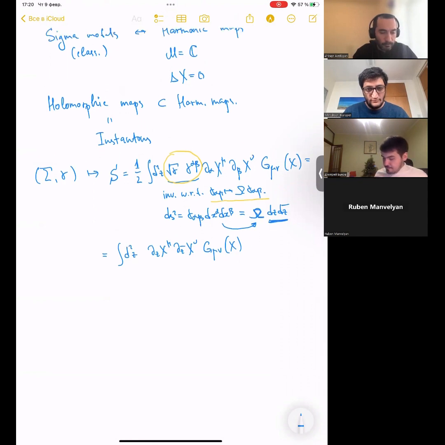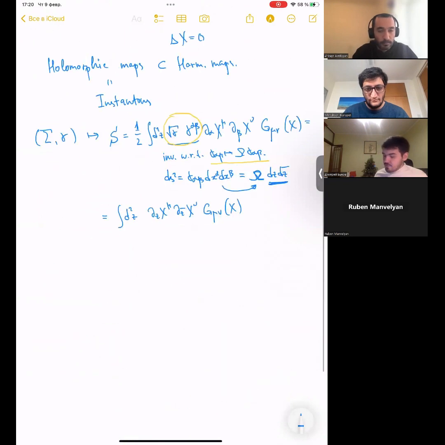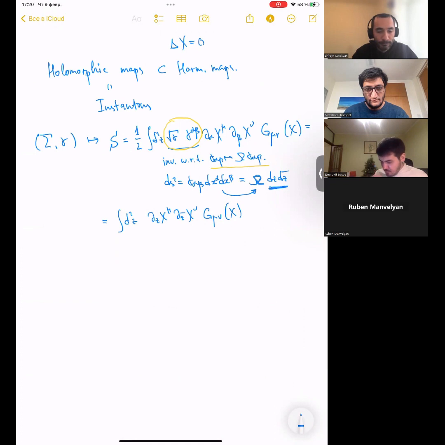Okay, so anyway, the point is that this is a 2-dimensional generalization of the one-dimensional theory, the same setup in 1D. This gives you just a mechanical particle on M, the same Lagrangian.